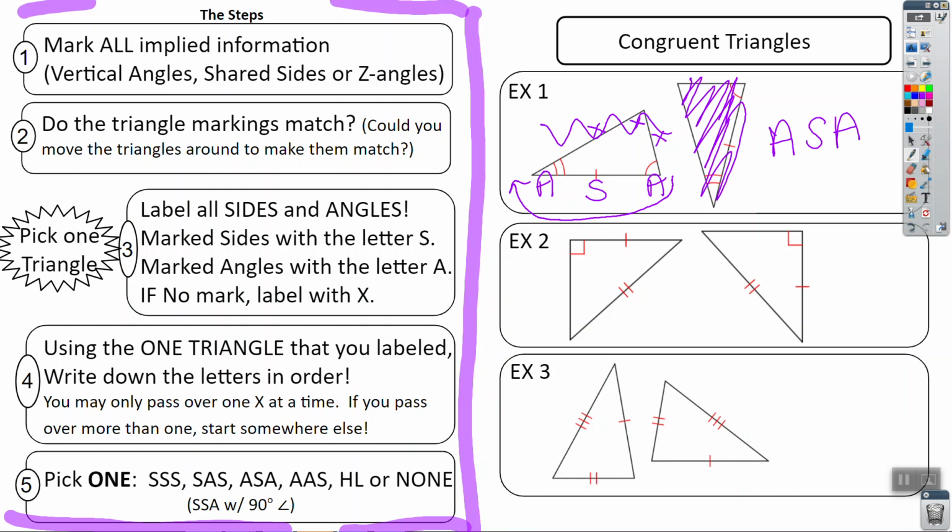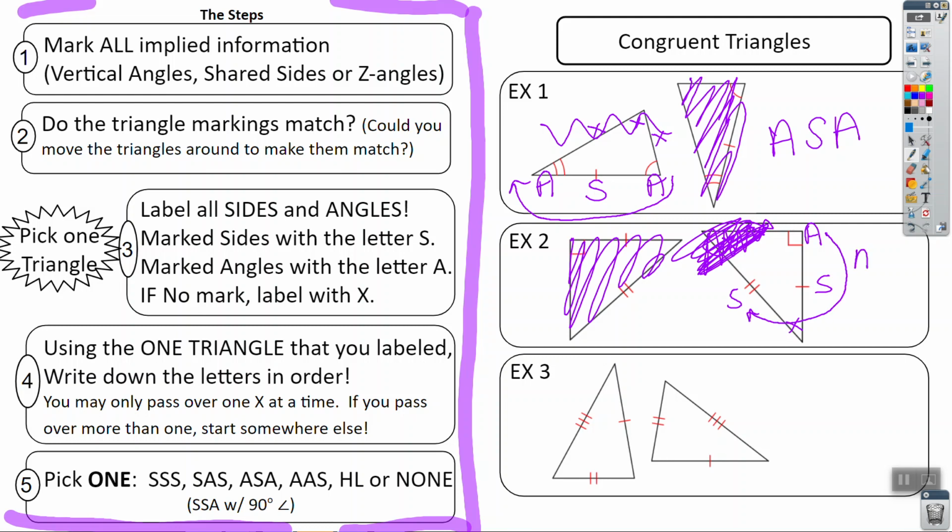In example 2, the triangles also match. I'll cross this one out this time. I'm going to mark my X's and everything else that I know. Now, I have 2 X's here, so I can't go this way. I'm a math person. We like order. I'm going to start alphabetically, and I go around this way.